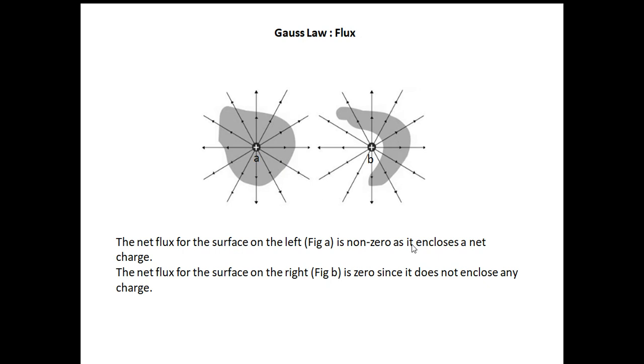As opposed to this, if you see this area, then this is a charge, but it is not enclosed by the boundary or the surface. It is an open surface. Therefore, the flux through this will be 0. This is not applicable itself. We can't consider these types of surfaces. We have to consider only these surfaces.